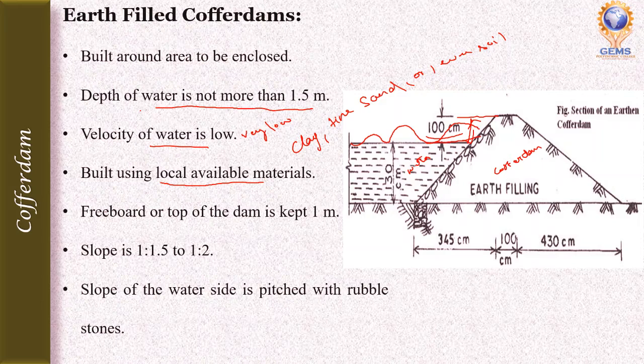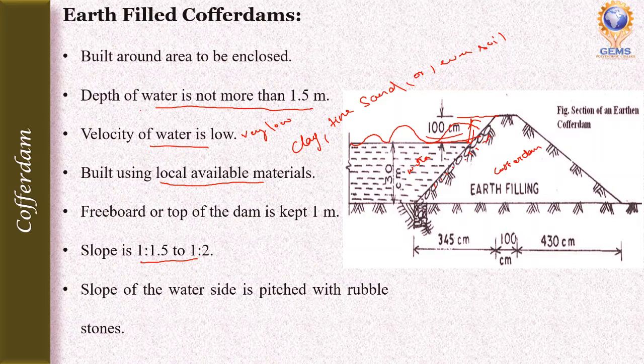The slope is usually given as 1 is to 1.5 to 1 is to 2 ratio. The side slopes will be given as 1 is to 1.5 or 1 is to 2. The slope on the water side is pitched with rubble stone.